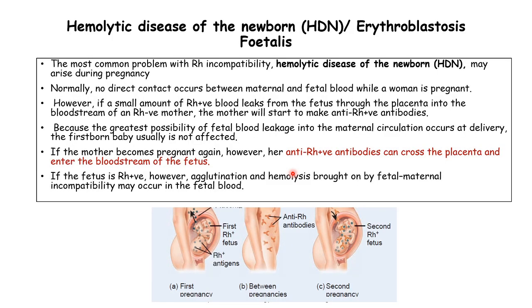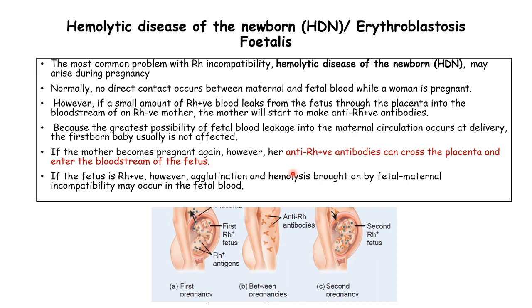So the importance of Rh blood grouping or Rh compatibility is discussed in this particular context, which is the hemolytic disease of the newborn (HDN) or erythroblastosis faetalis. This is the most common problem with Rh incompatibility, and it may arise during pregnancy.